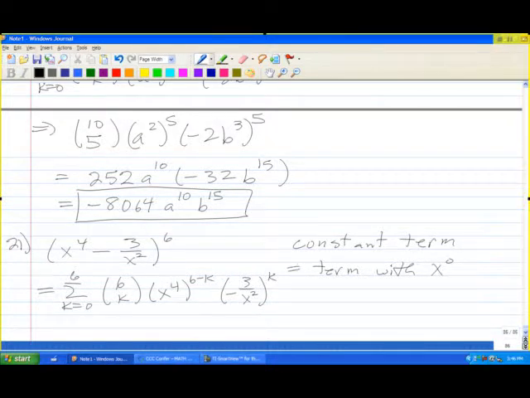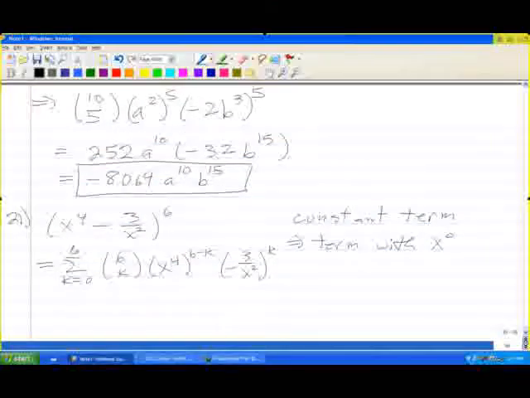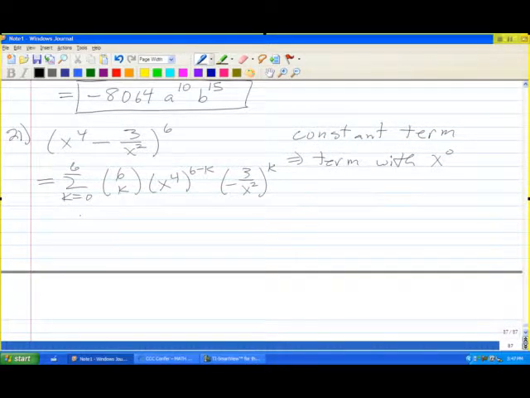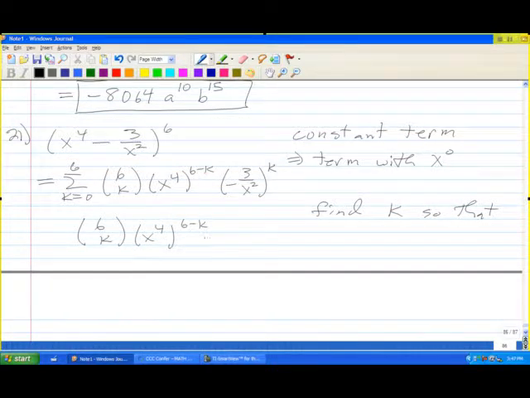So each of these terms look something like that. And so I want to find k so that this term here is some number times x to the 0.